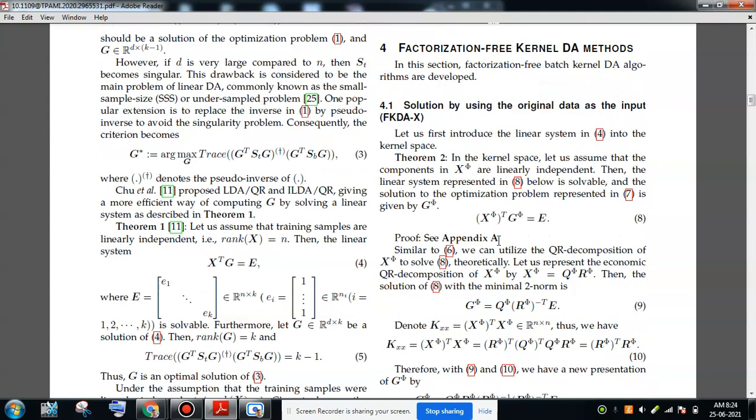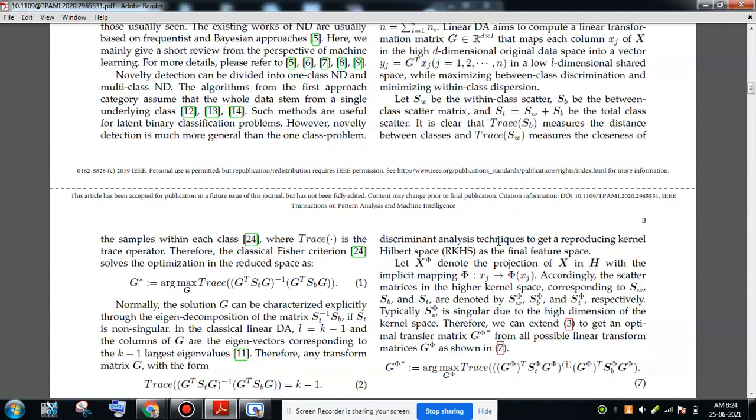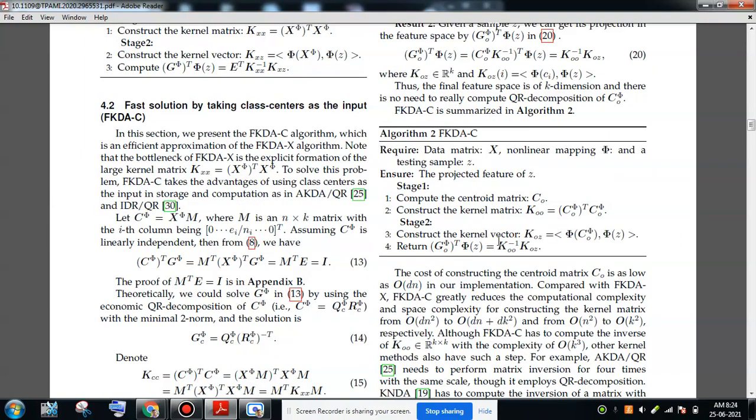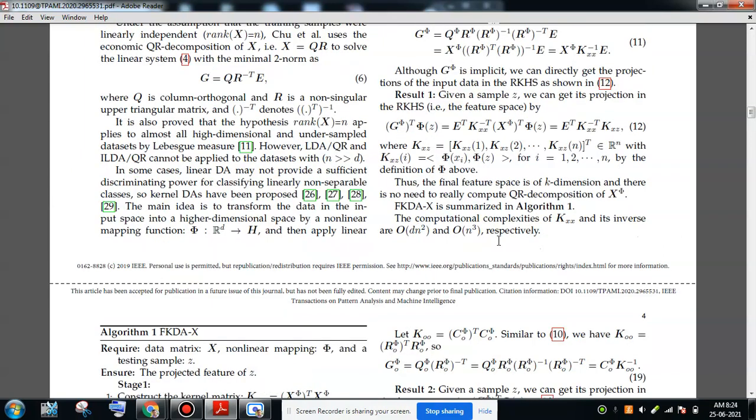And going to the mathematical background, they have just defined what is meant by a factorization free kernel DA method. And here they have talked about something more called the small sample problem also. When we have a small sample problem, how is our algorithm going to make the classification? Of course, when we are going for online learning, you have small samples only.